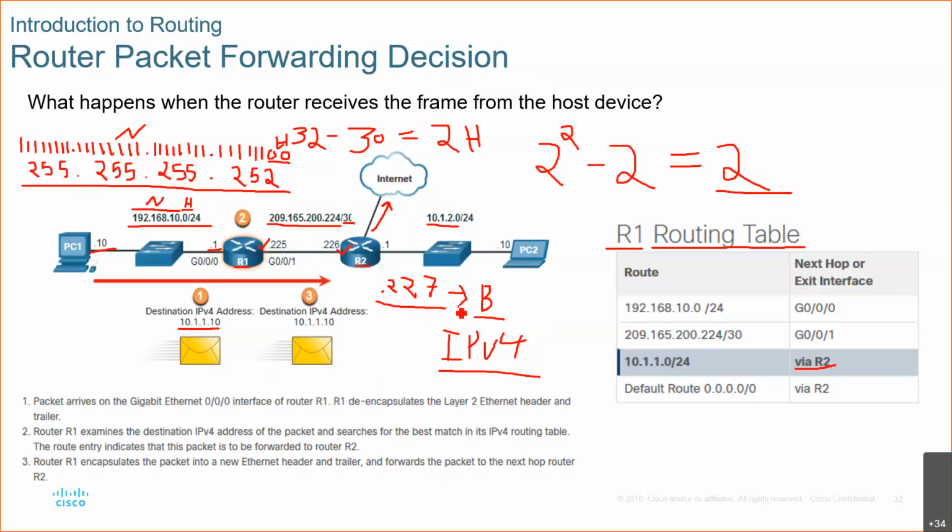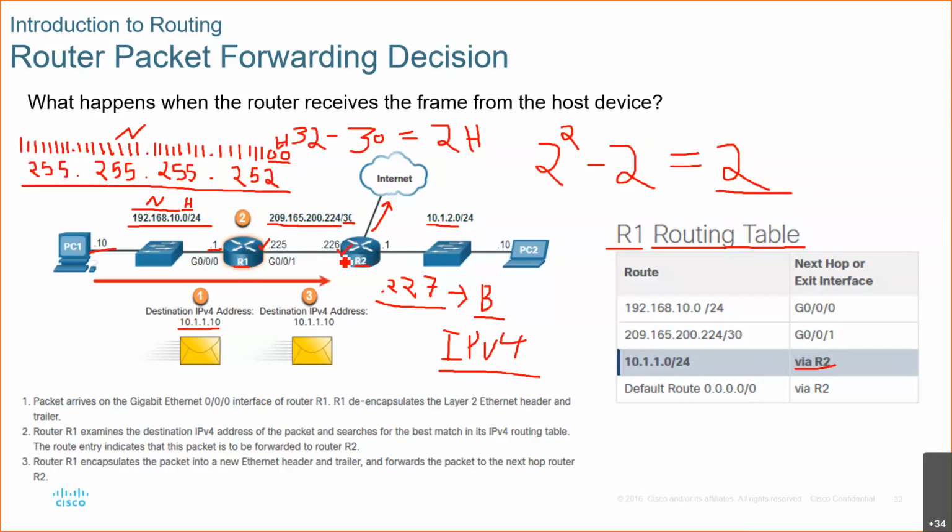Every IP version 4 network will have a broadcast address. It's a must. That means if I send a packet to 209.165.200.227, it will also be sent to R2, even if it is one device, because it's still broadcast.